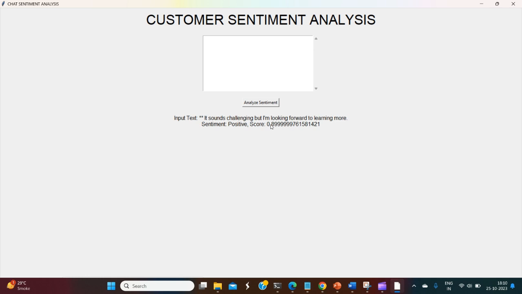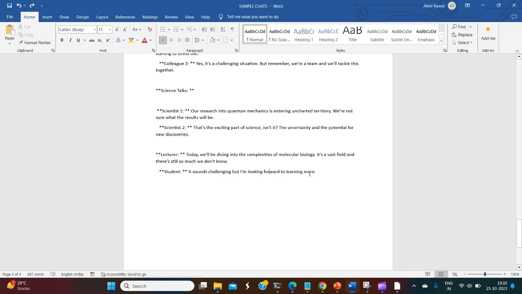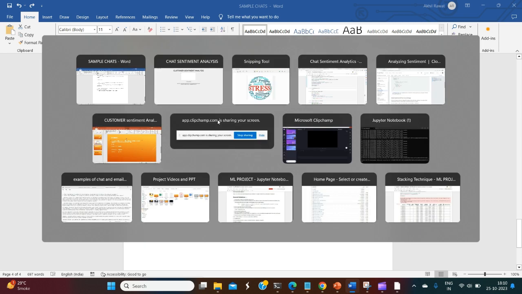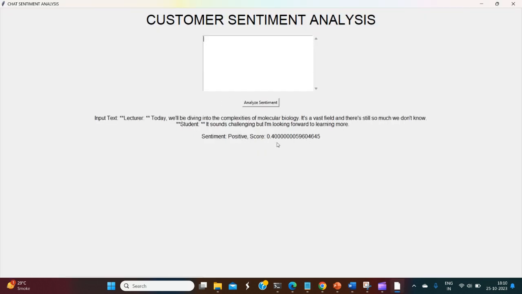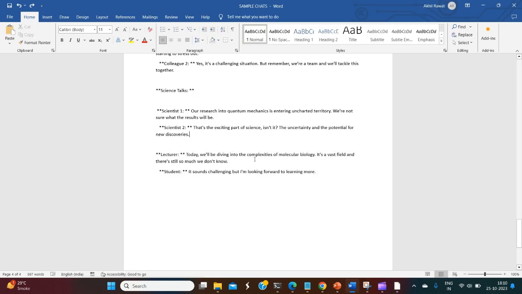So that's why sentiment is positive, and in context of both phrases, the communication between lecturer and student becomes positive, and the score generated was 0.40. So this is how this algorithm works, as per Google's training data.